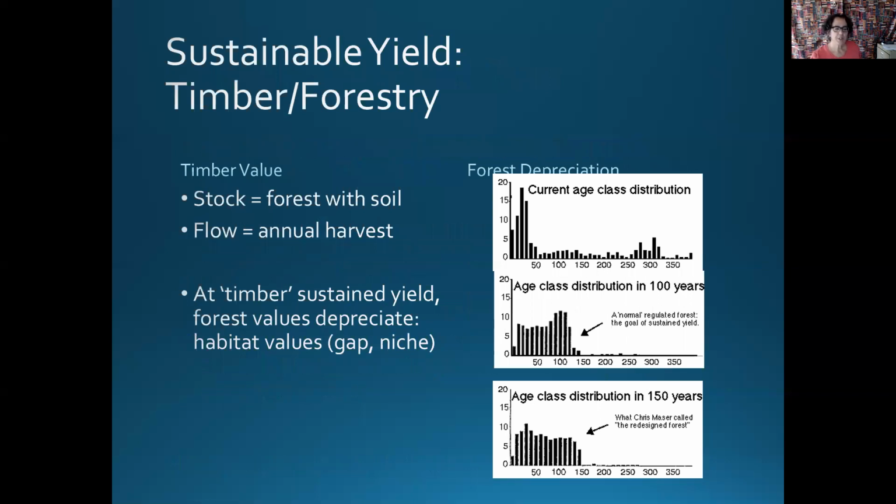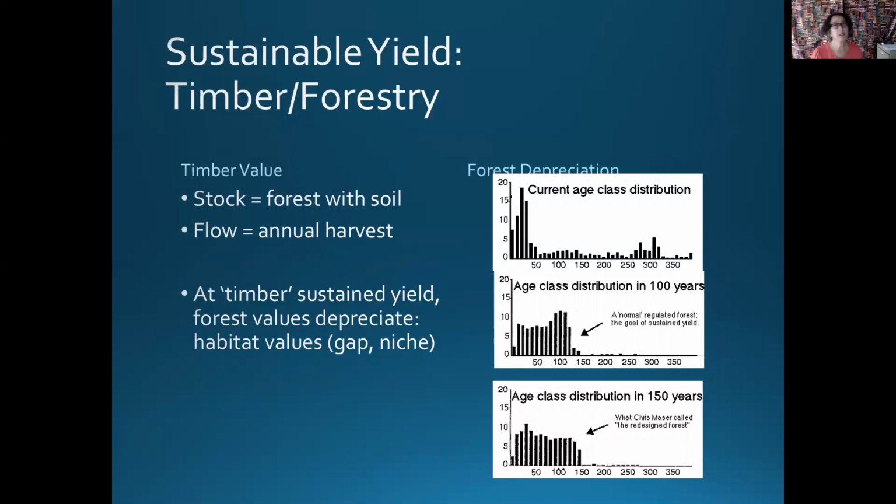I'm just going to use another example where sustained yield is also very commonly used in forestry definitions. Like the fisheries, you have a stock which includes the things that you're going to take as income. So the stock in the timber industry is actually a forest with soil.